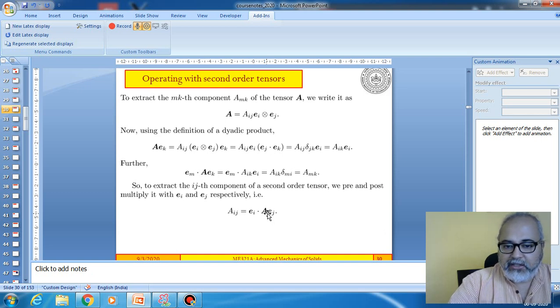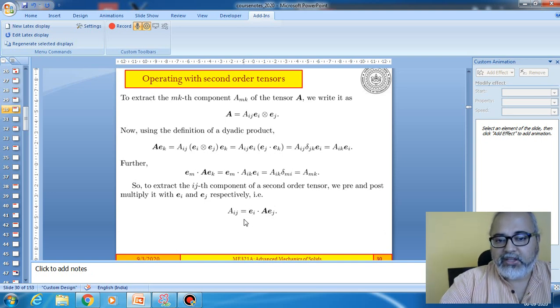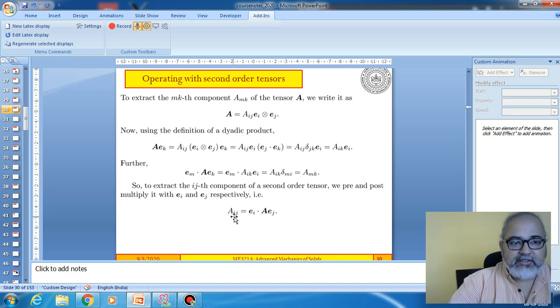So when we write the product of them, we don't put a dot. However, A times Ej is a vector and Ei is also a vector. So we put a dot between them to signify that the final result is a scalar, which is the ijth component of the tensor. This is another important thing that we learned.